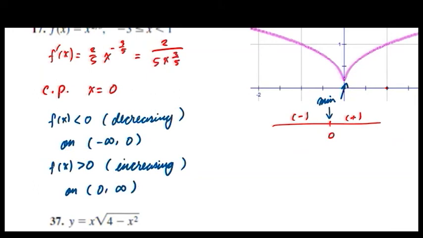How about that? Therefore, now we can say, this is an absolute minimum, by the way, right? And you put in 0, and then you get 0. How about that? That's complete work. Any questions before I move on to 37?